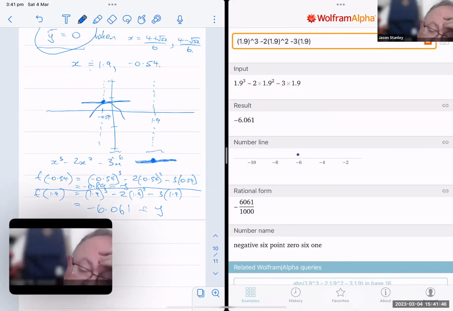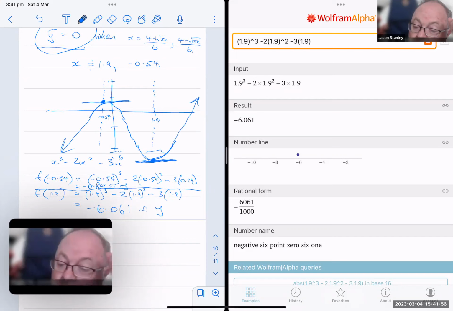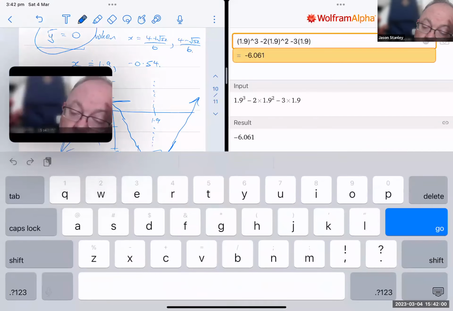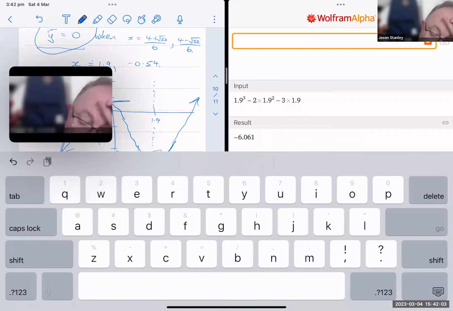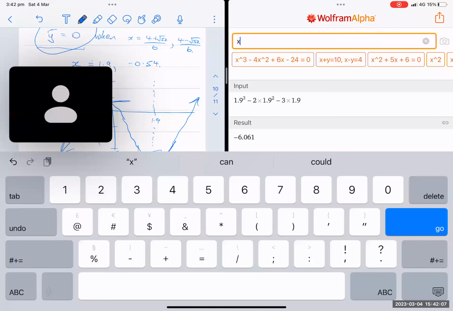Okay. Now there's another technique that I don't want to go into today, but essentially you asked me the question. Now let's see if my intuition is working. Because we've got Wolfram, we can put it in. Now tell me what the thing is, please. x cubed minus 2x squared minus 3x.